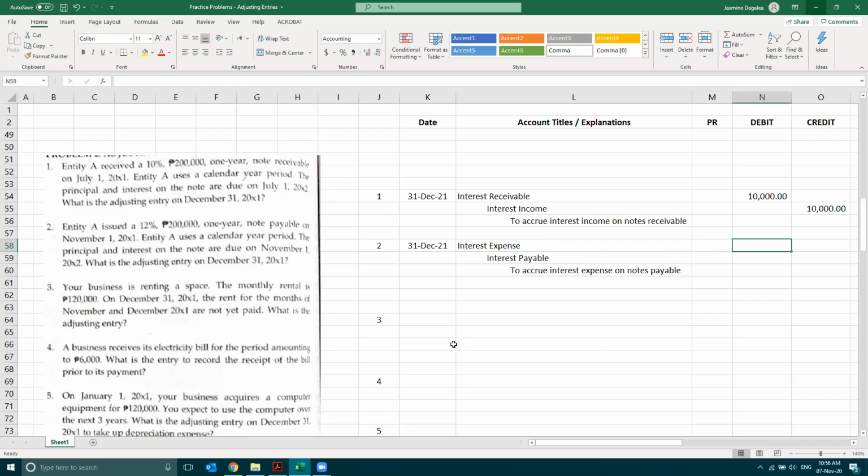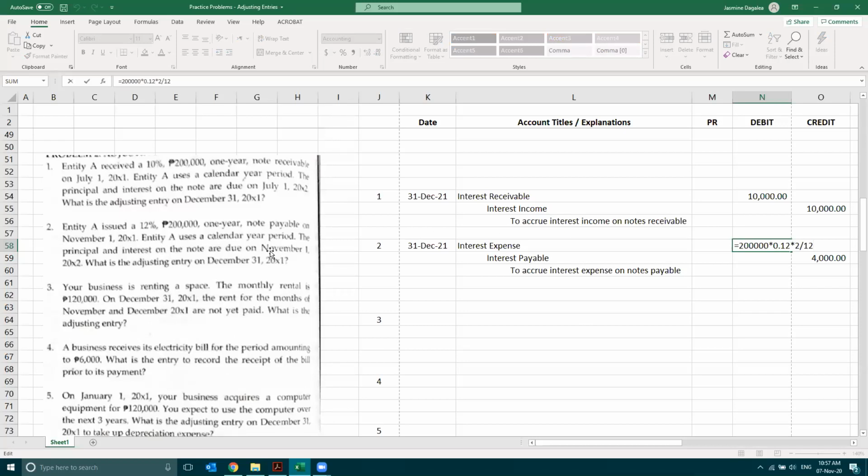Magkano? Paano nyo i-compute yung interest expense? Principal, 200,000 times 12% rate times 2 over 12. 2 lang kasi 2 months lang.